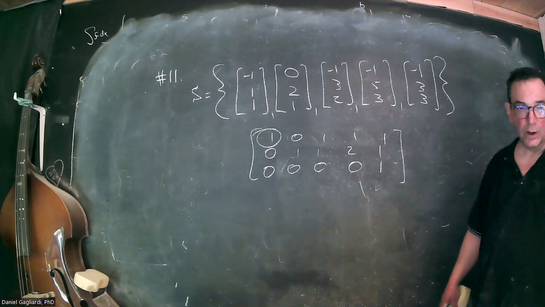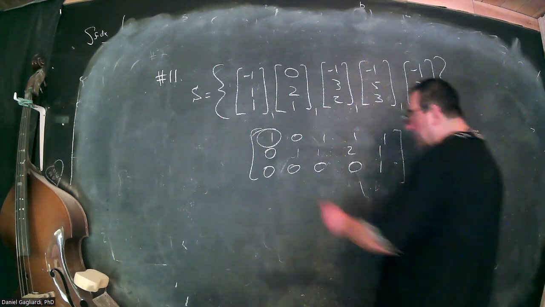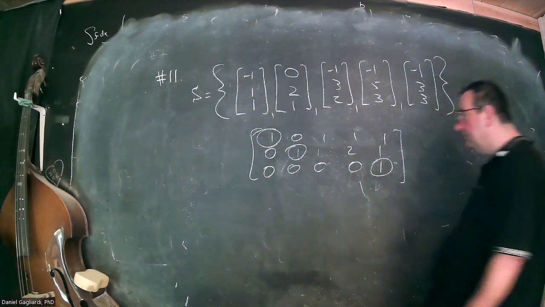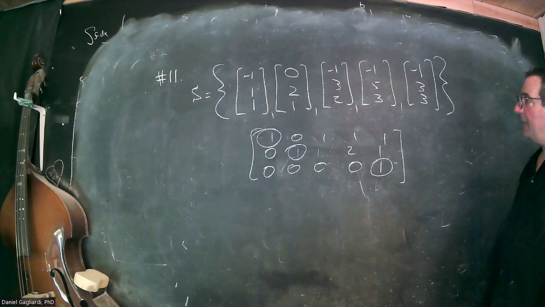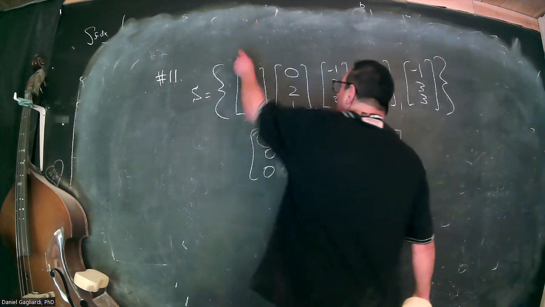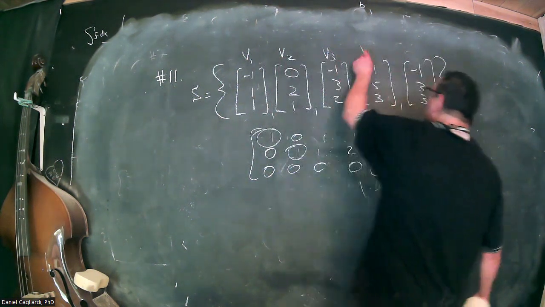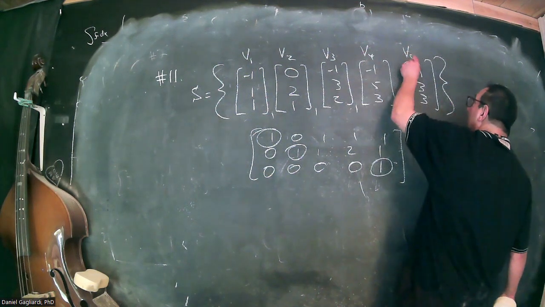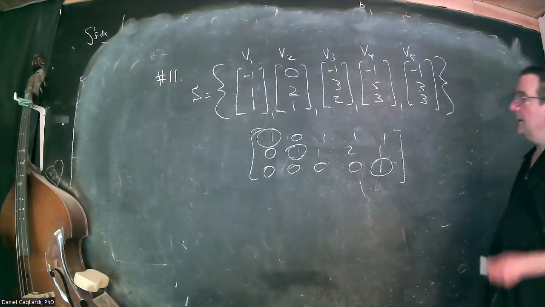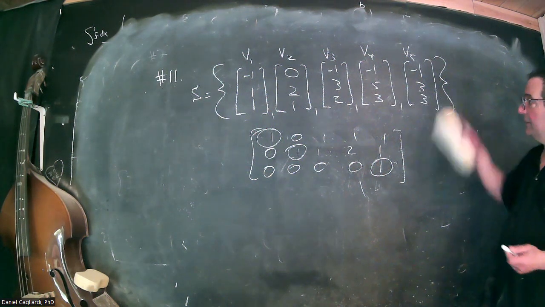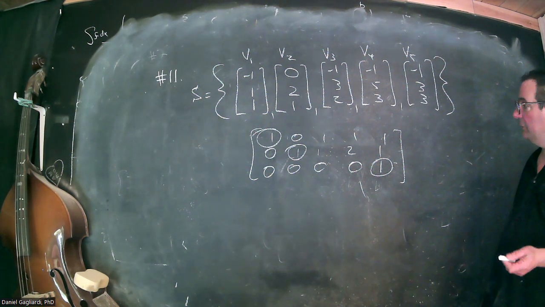Notice that the leading ones occur in column 1, column 2, and column 5. All right? Now what that means is that if we call these vectors v1, v2, v3, v4, and v5, we find that to articulate the span of these vectors over the real numbers, we don't need vectors 3 and 4.